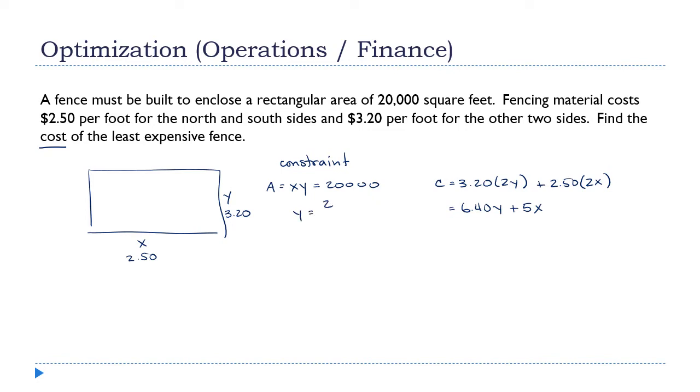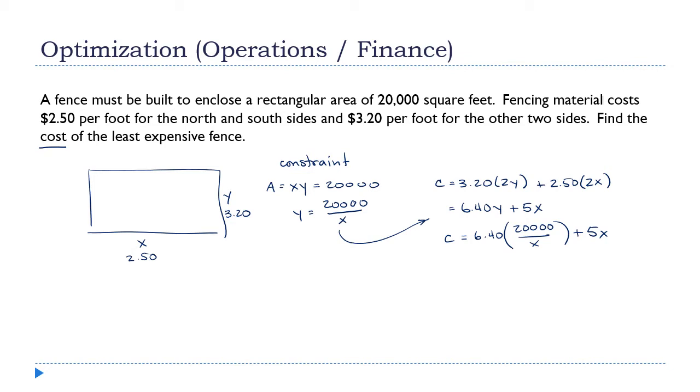Y is 20,000 divided by x. And now we'll substitute that into our cost function. So now the cost is equal to 640 times y, which is 20,000 over x, plus 500x.